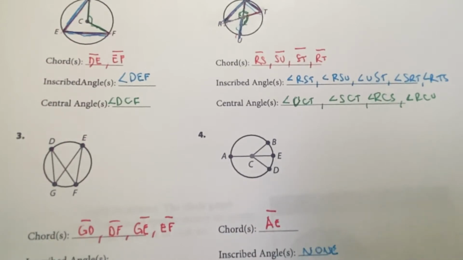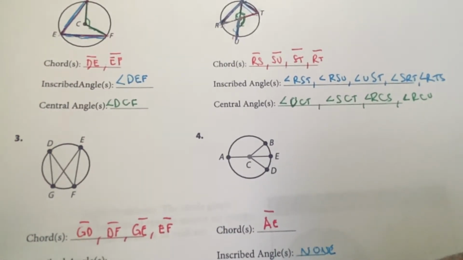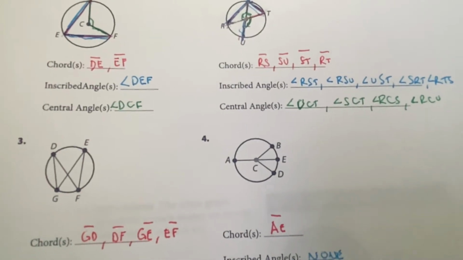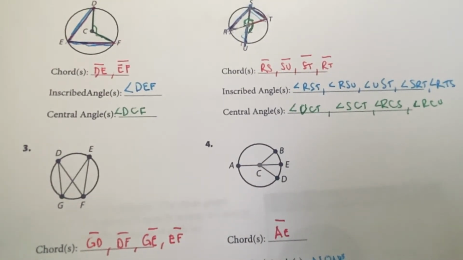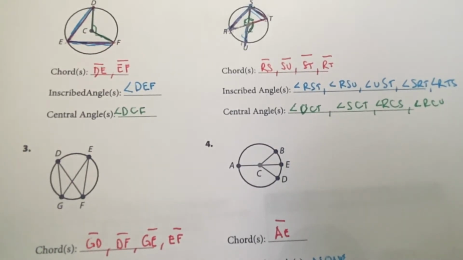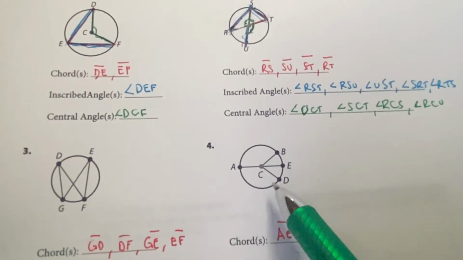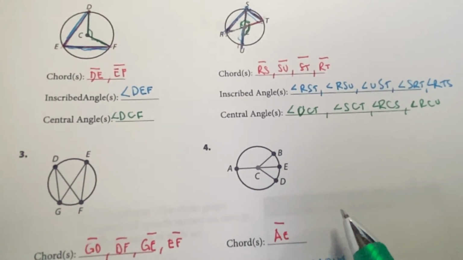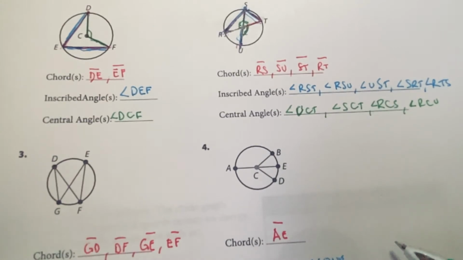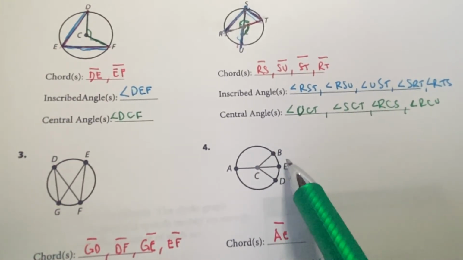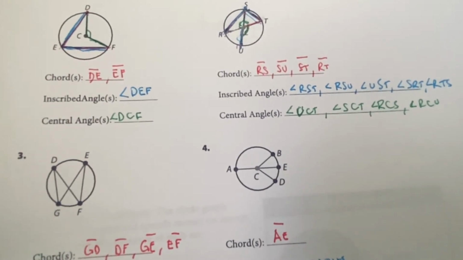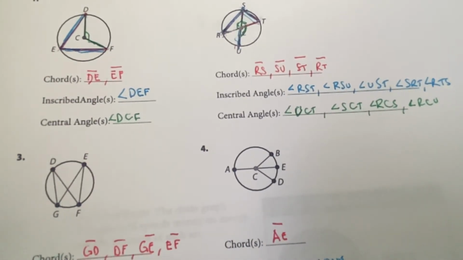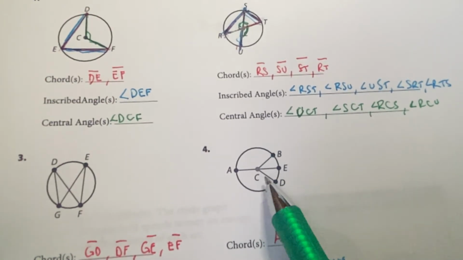We're going to start with angle ACB, ACE, sorry, ACD rather, BCE, BCD, and ECD.